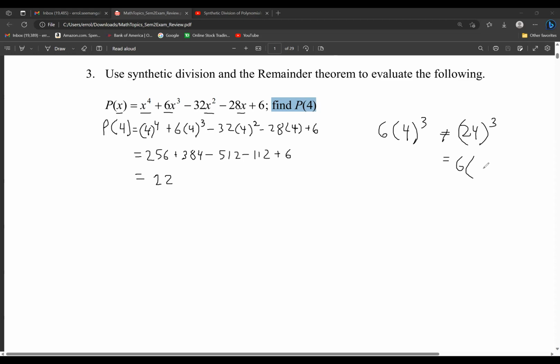It equals 6 times 4 times 4 times 4, which is 384. 16 times 4 is 64, times 6 is 384. Yep.